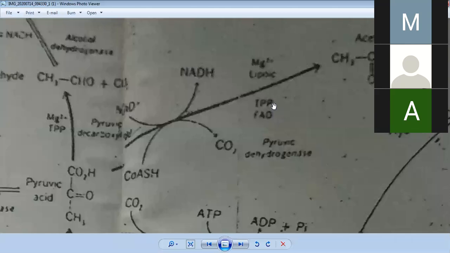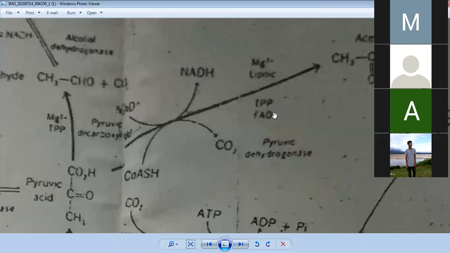B1. What is the full meaning of TPP? Thiamine pyrophosphate. Good. This is one. Then FAD. So what is the full meaning of FAD? Flavin adenine dinucleotide. And what is the vitamin for FAD? Vitamin B2. B2, good.